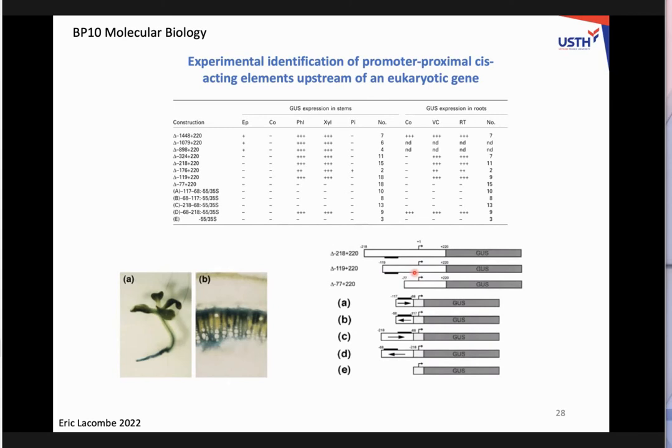The difference is that we removed this part of the DNA contained in the promoter. So the conclusion is that the sequences that are necessary, we don't know yet about sufficiency, are located between minus 119 and minus 77, because when you remove them, you lose completely the activity. Is it clear?